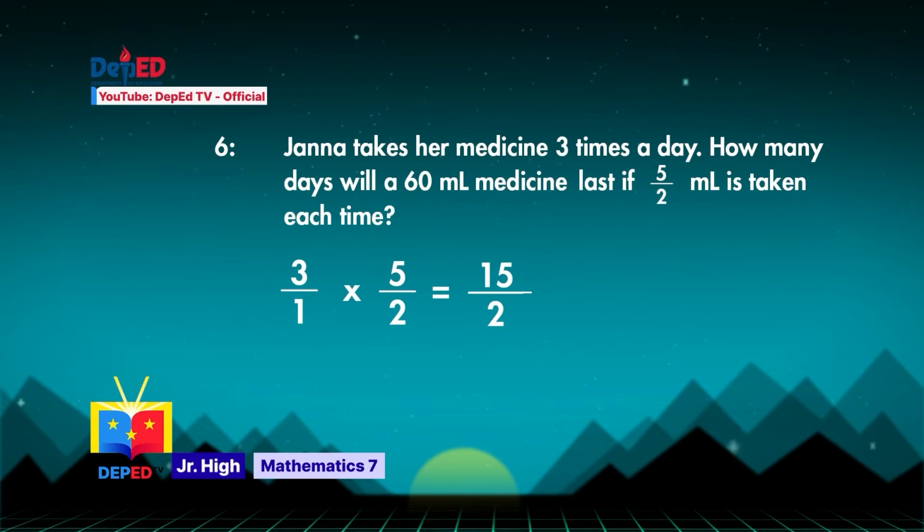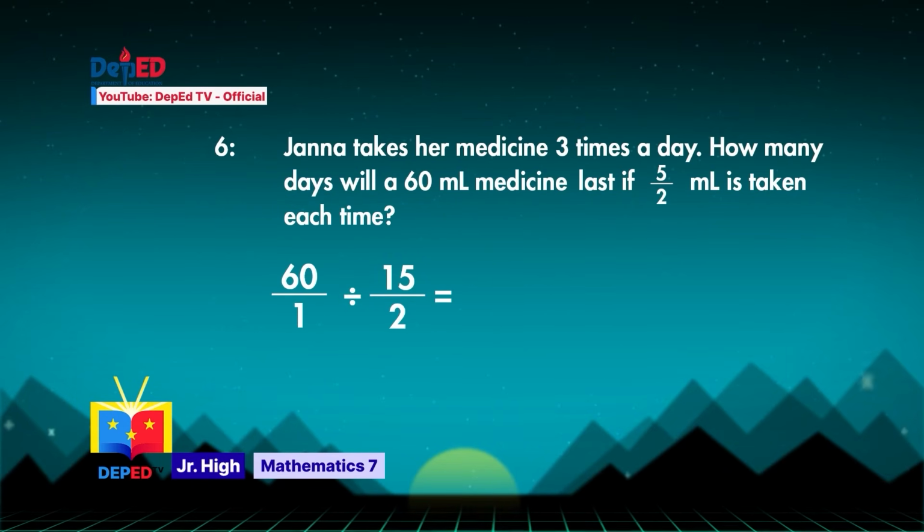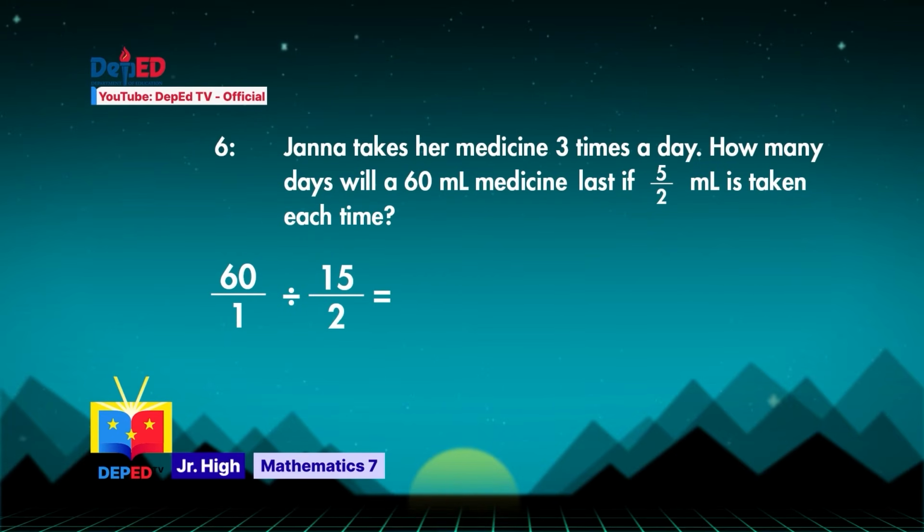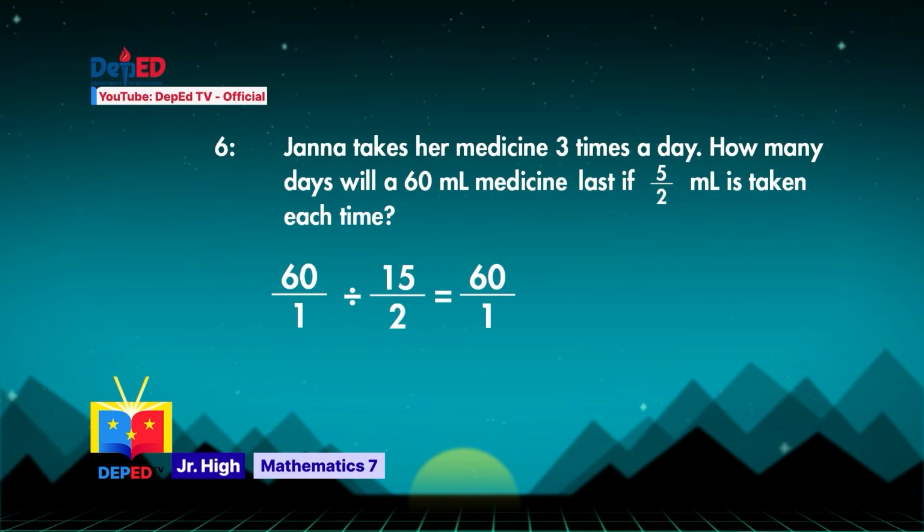The question is, how many days will the 60 ml medicine last? If Jana consumes 15/2 ml in a day, we can divide 60 by this to know the number of days. So that will be 60 ml divided by 15/2 ml per day. 60 has a denominator of 1.